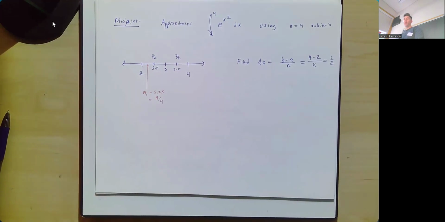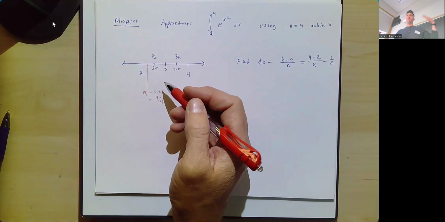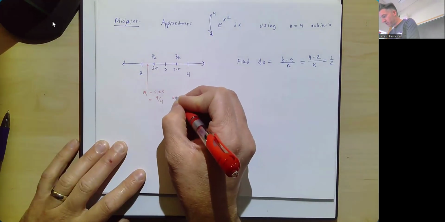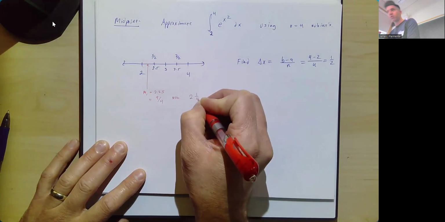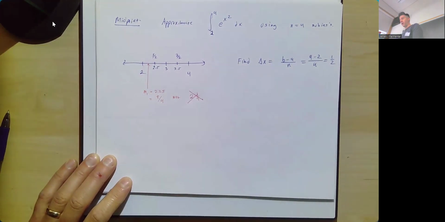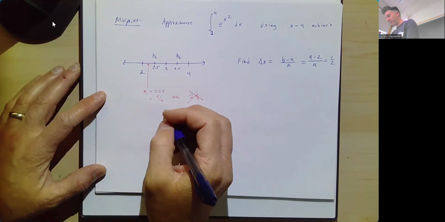I know I said 2 1/4, I wrote 2.25, because 0.25 is a quarter, but don't write 2 1/4, someone's going to read it as multiplication. Okay, so the first midpoint is 2.25 or 9/4.